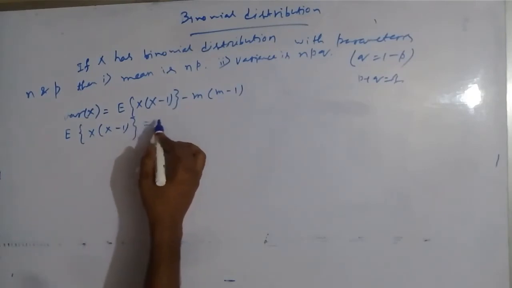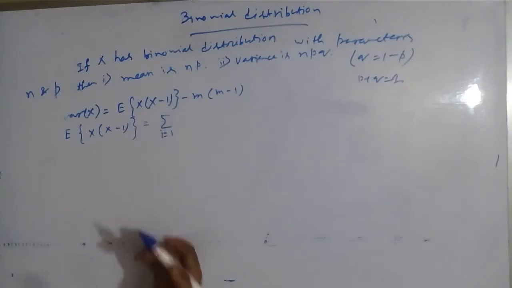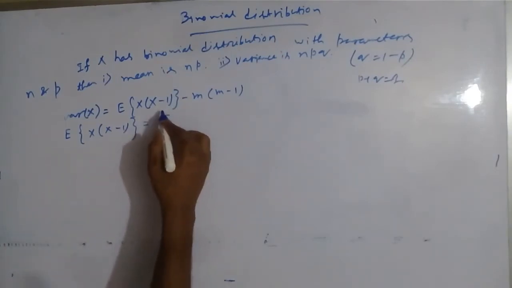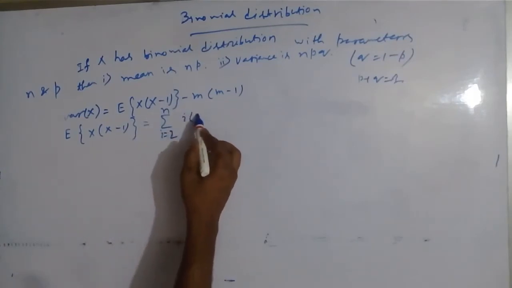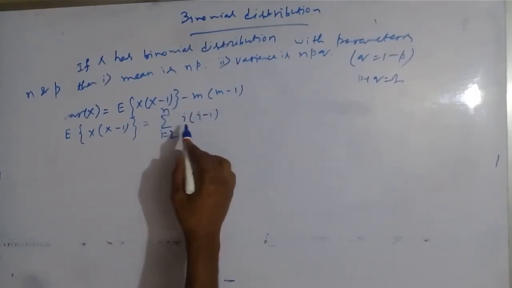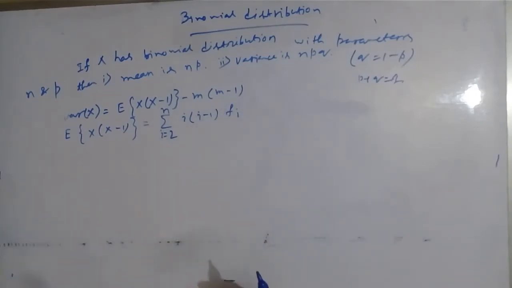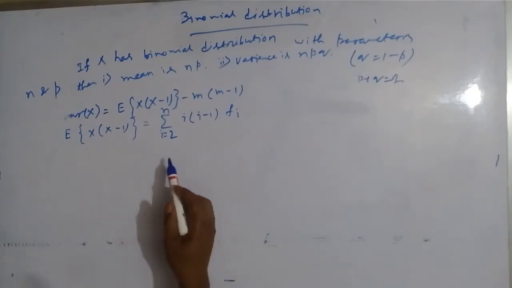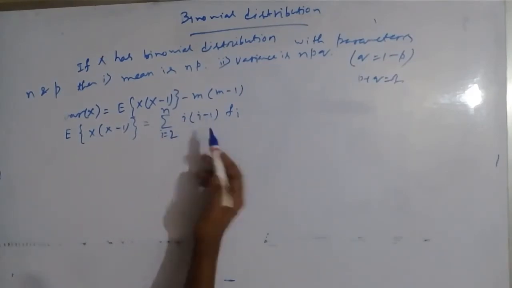So E of x into x minus 1 will be summation i equal to 2 to n. First let me write i into i minus 1 into f_i, where f_i is the distribution function of the binomial distribution. I have started i from 2 because if you put 0 and 1 here, it will be 0.